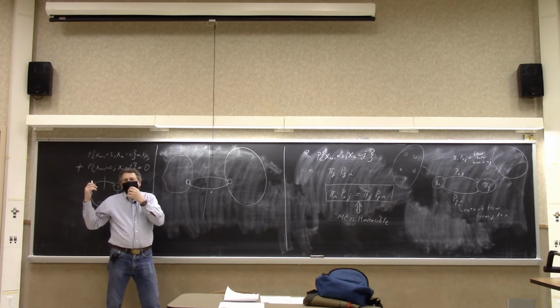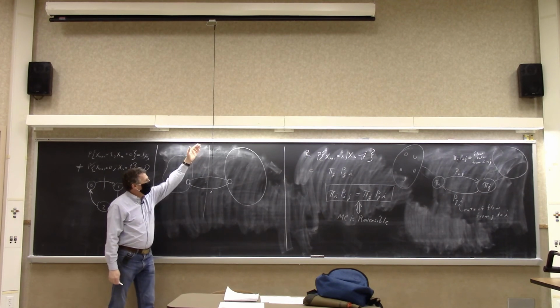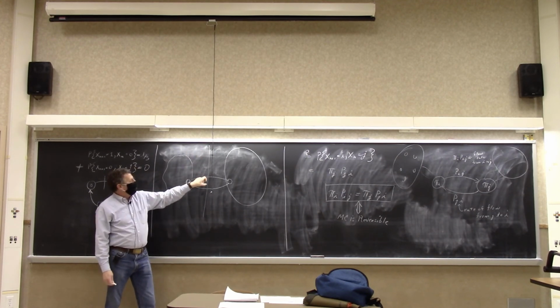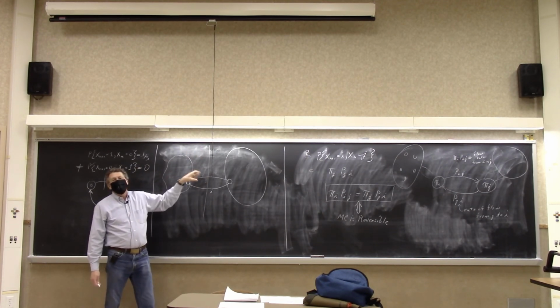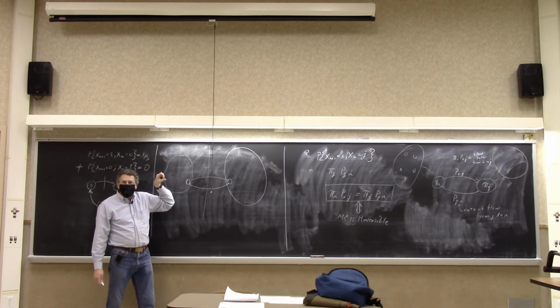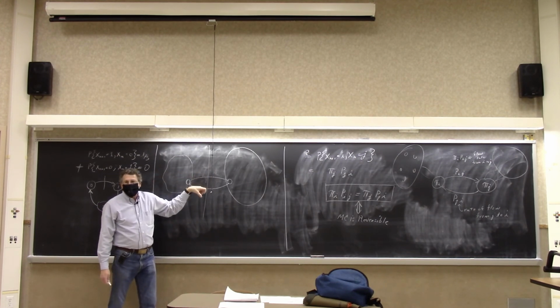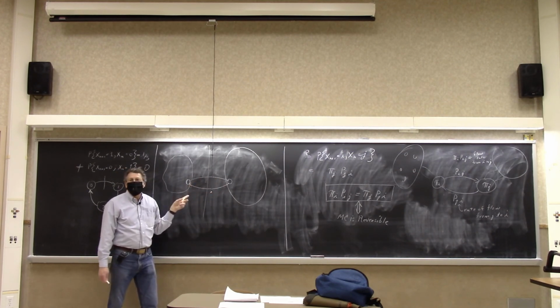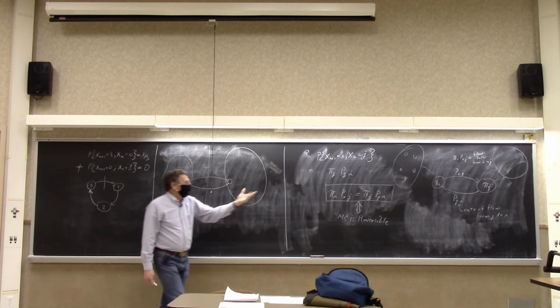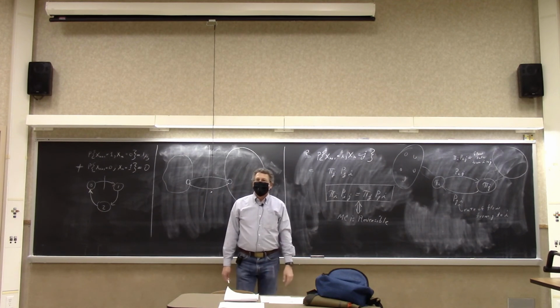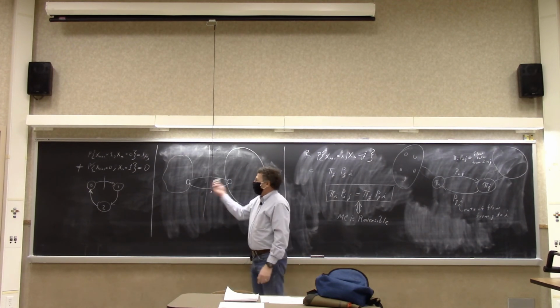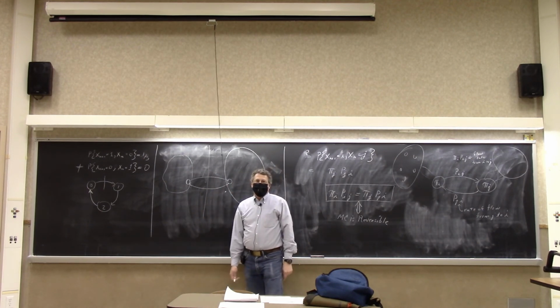Okay? So the point is that whenever you can cut a network by removing a link between two states, then it means that these two states must obey the detailed balance equation, because the flow has to balance between the two sides.